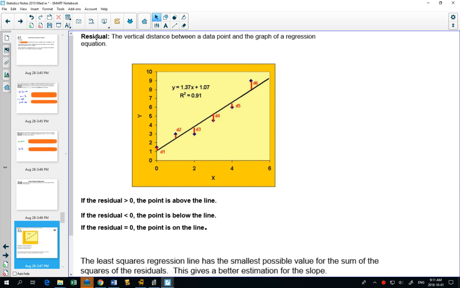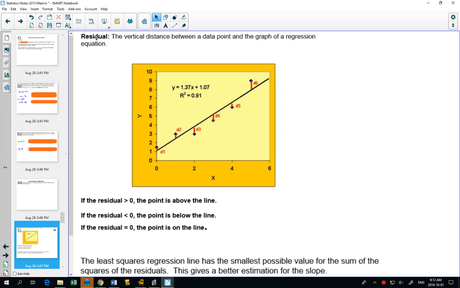And if I add up all of those numbers squared, I want the smallest number possible. Because if I have the smallest number possible, then all of the points are as close as possible to the line. Your line of best fit is kind of like an average all the way through.